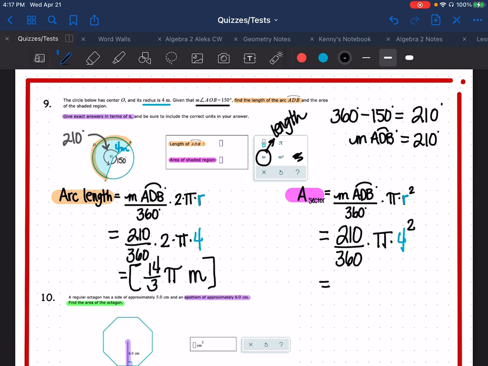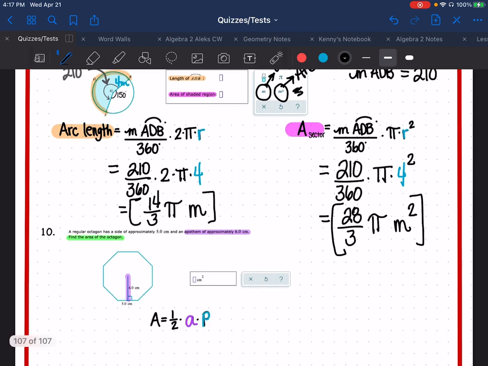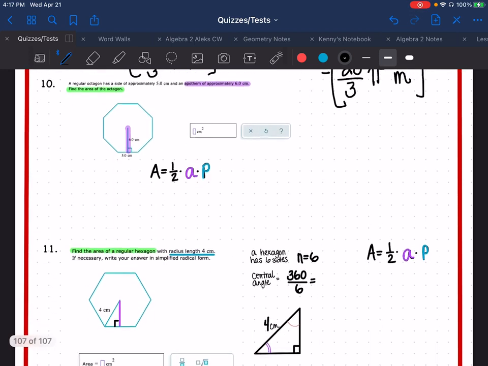I want to make sure that I turn my decimal into a fraction in Desmos. There we go. I put the symbol pi behind my fraction, and because we're talking area, I need to use the unit squared, meters squared. So this one is for when it says area. Don't use the cubic.